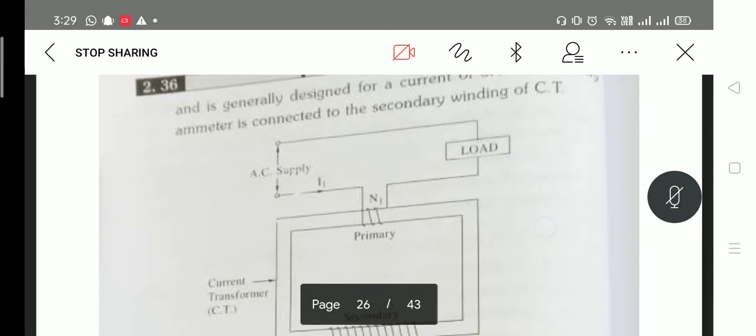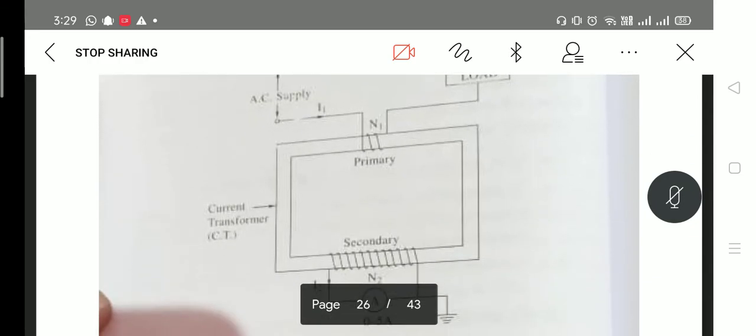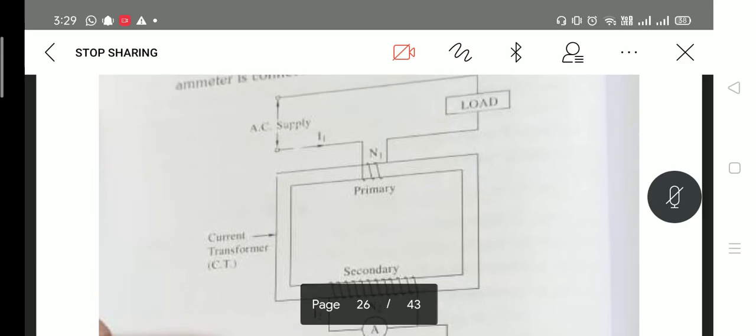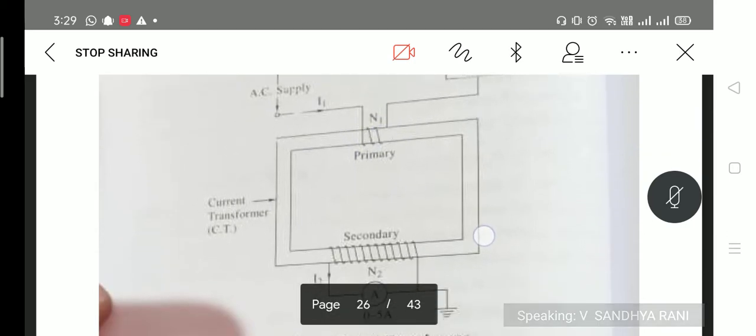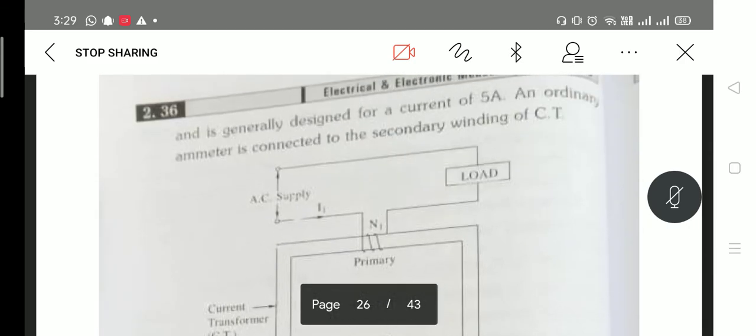We can observe here that in the primary side thick wire and very few turns are connected, while in the secondary side more turns are connected, right?